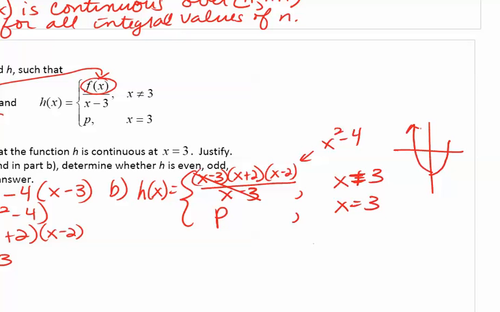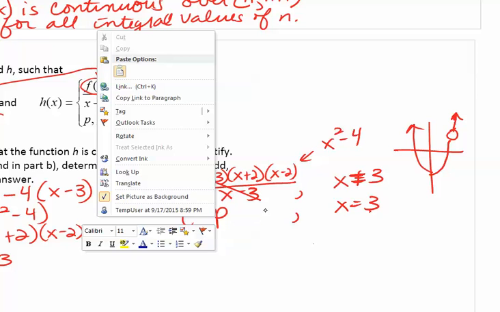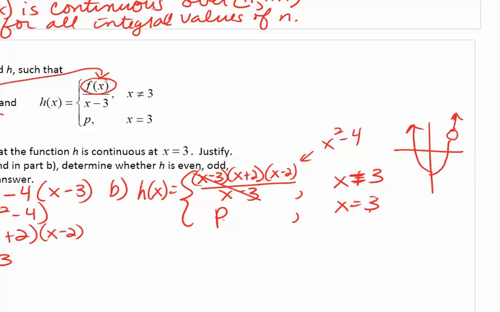So the idea here is that it has a hole in the graph at this point. So how can we make sure that it's continuous as a piecewise function? We make sure that this value of p plugs the hole. So we say that often here. If we want it to be continuous, we do not want to keep this hole in the graph here.